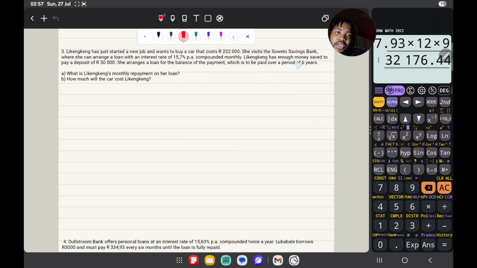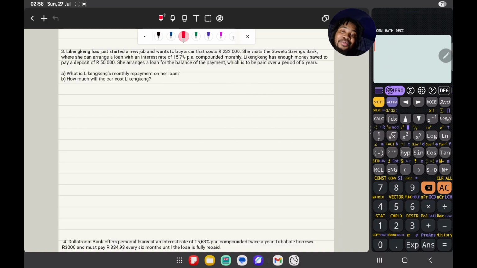She has enough money saved to pay a deposit of 50k, and she arranges a loan for the balance, which is paid over 6 years. What is the monthly payment? Okay, how much? Cool. So guys, listen to me carefully, right?